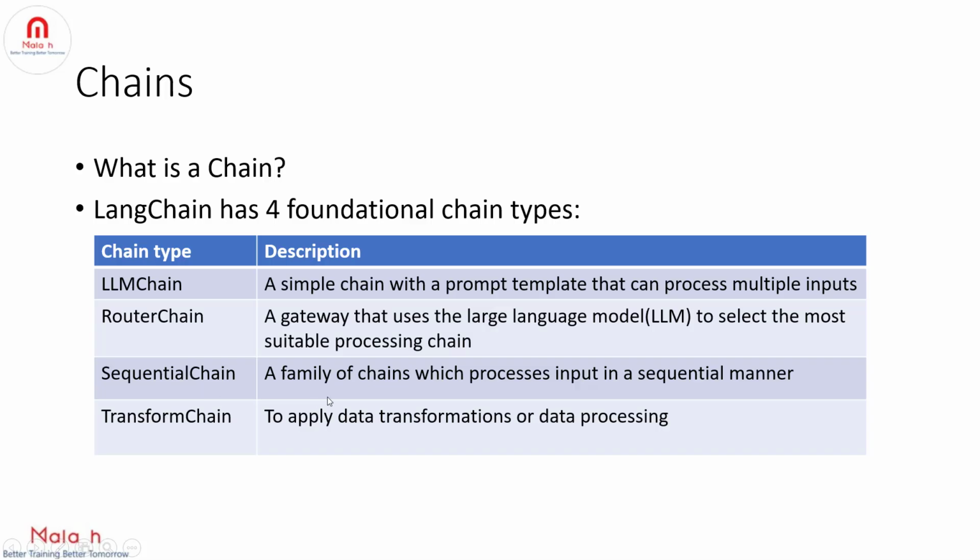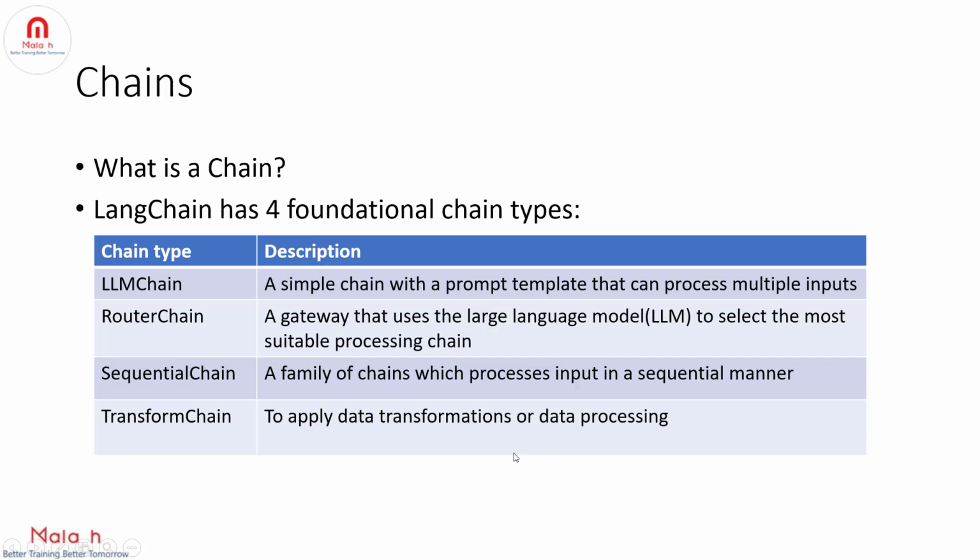And the sequential chain is a family of chains which processes input in a sequential manner. That means the output of the first chain will be passed as the input to the second chain, and the output of the second chain will be passed as the input to the third chain, right? And so on. And the transform chain is used to apply data transformations or data processing.